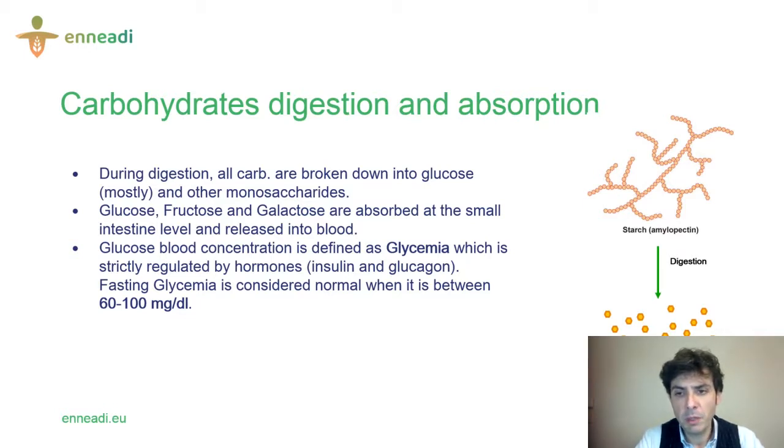Once absorbed, the glucose is very quickly released in the bloodstream, and the glucose concentration in the blood is an important biochemical parameter called glycemia, which is strictly controlled by at least two important hormones known with the name of insulin and glucagon. Fasting glycemia is considered normal when it is between 60 and 100 mg per deciliter.